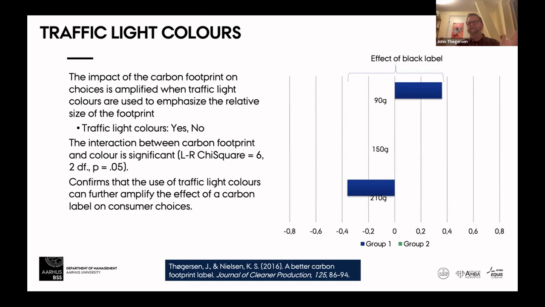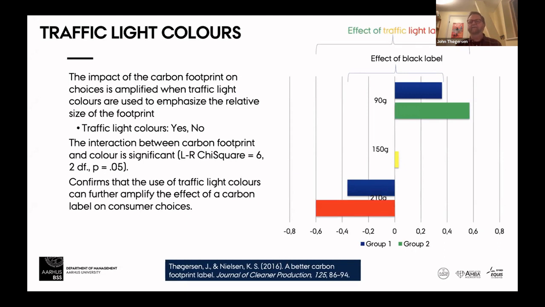And the stretch, as you can see, between these two blue markers here shows the actual effect of the original label. When we added the traffic light colors, you could see that the effect became much wider, much stronger.